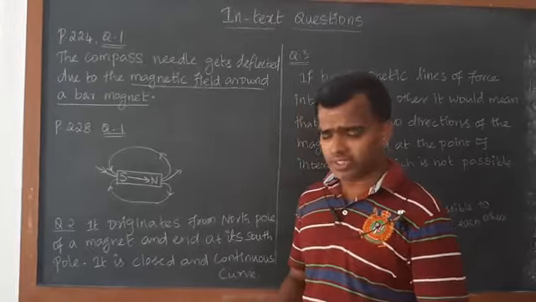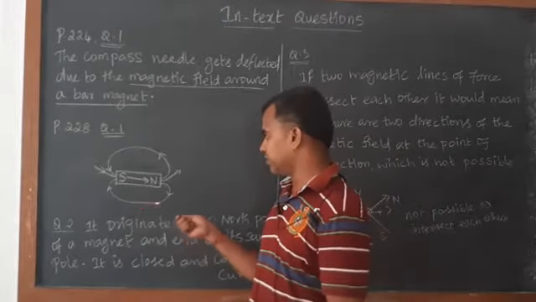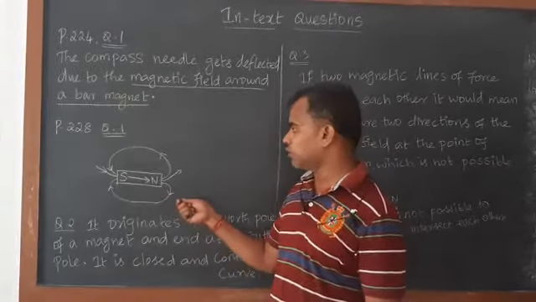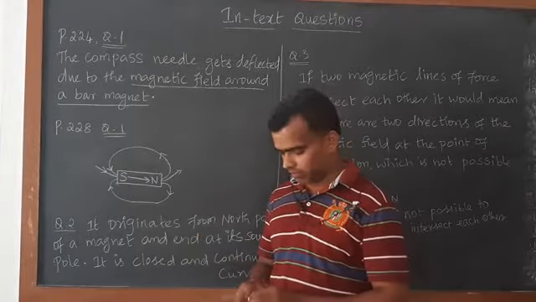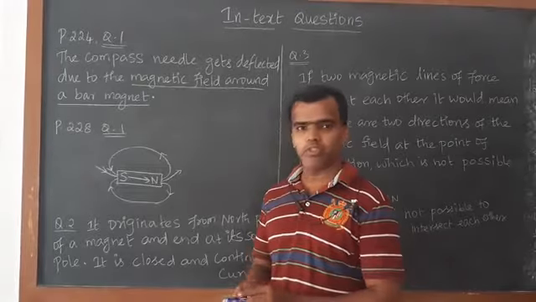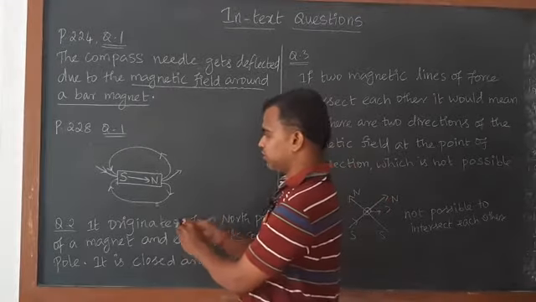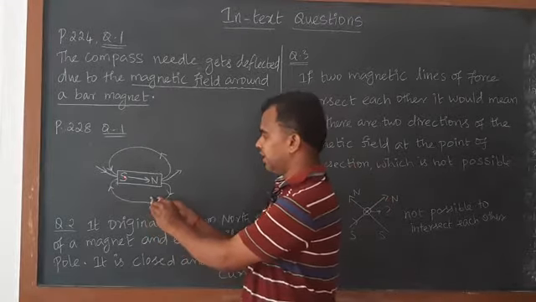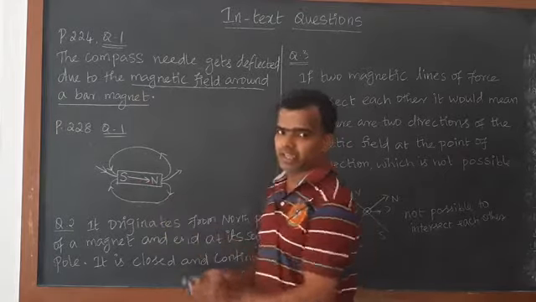So these arrow marks are very important. Outside the magnet, it goes from north pole to south pole, and inside the magnet, it goes from south to north pole. I have mentioned the directions, right?